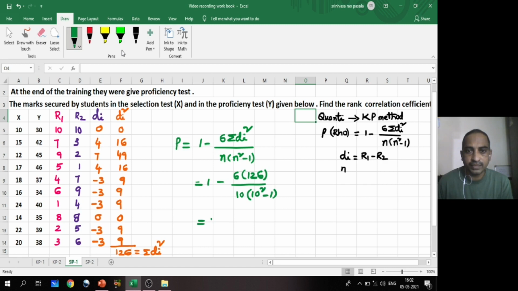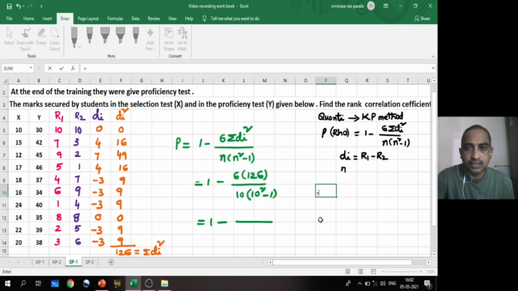Simplifying this, 1 minus 6 into 126. This is an Excel sheet, that's why I have used this 126 into star 6, 756.